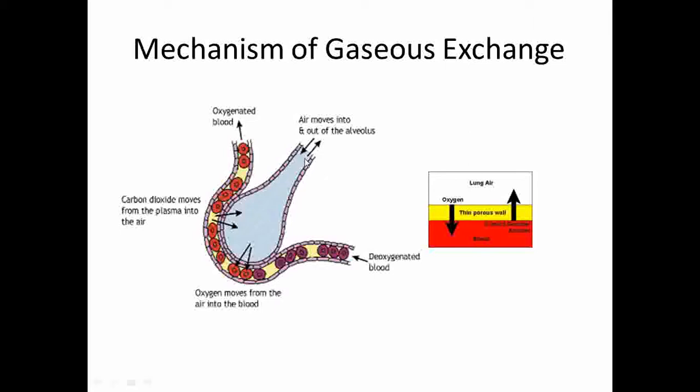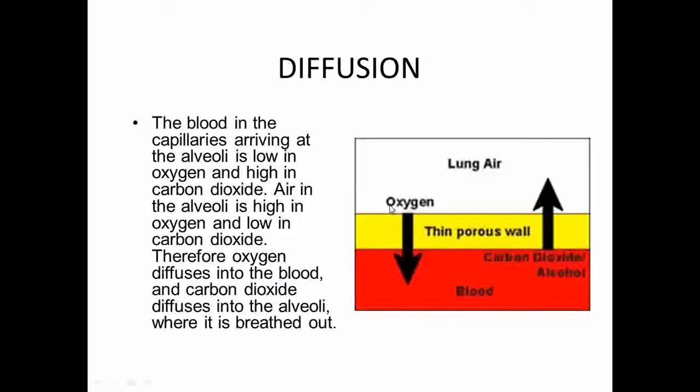While that's happening, the oxygen comes in and diffuses across, and attaches to the red blood cells, which then come through, and the oxygenated blood gets pumped back through the heart and out to the body. So diffusion is that process of the carbon dioxide and the oxygen jumping across the wall of the alveoli into the bloodstream.